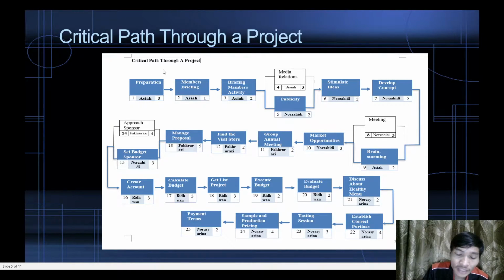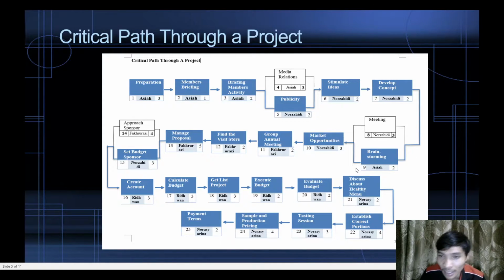Critical path means that the project will be completed as soon as possible, so we must find the way that can finish early. The difference between activity 4 and activity 5 is the days. Activity 5 has 2 days, but activity 4 has 3 days. So on the critical path, it will choose the 2 days.